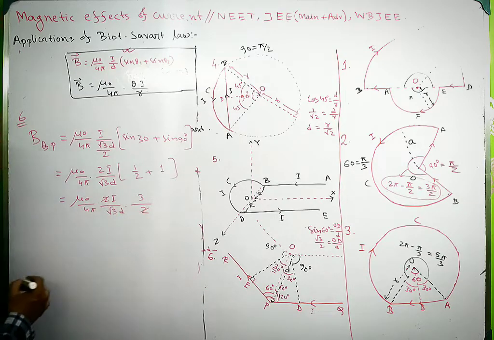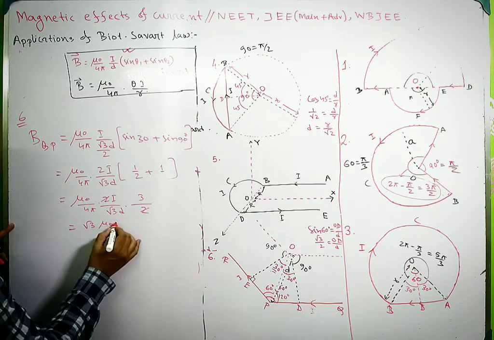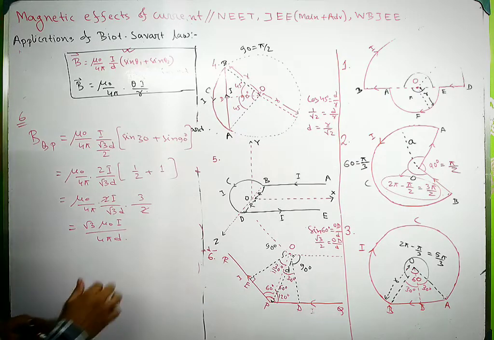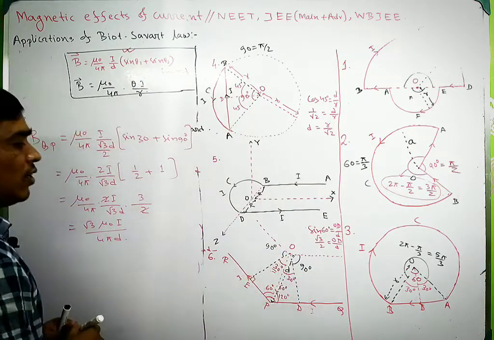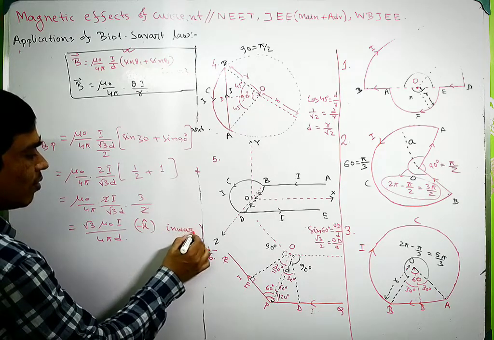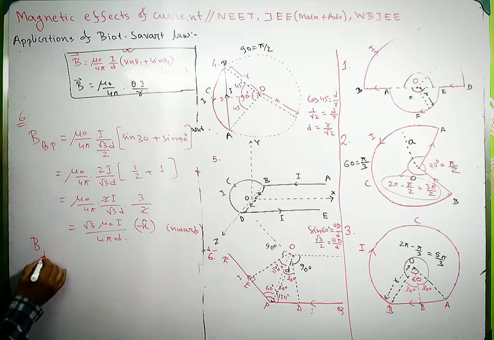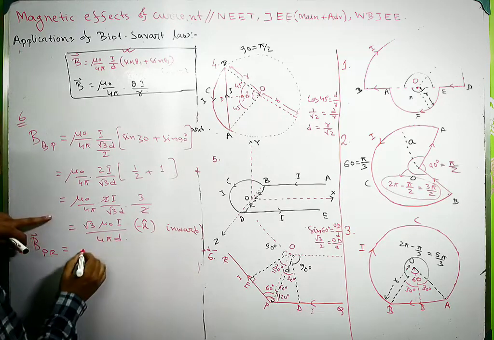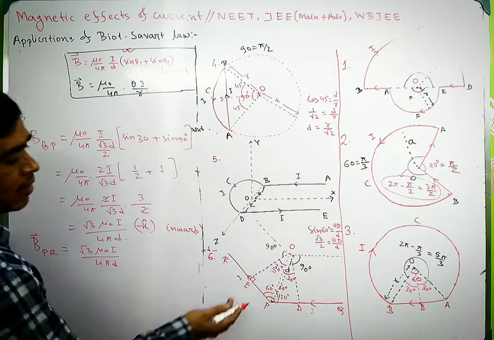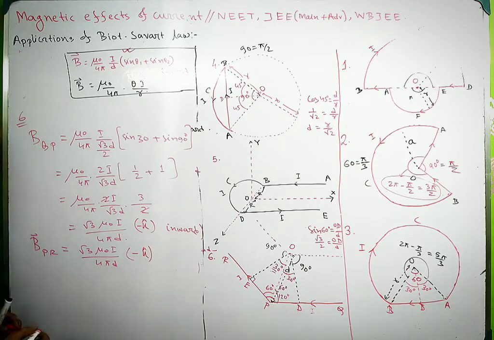So the 3 and 2 cancel out, and it can be written as root 3 mu 0 I divided by 4 pi D. The direction of the magnetic field for this portion is along the negative z axis, that is minus k cap, meaning inward. The magnetic field for the portion PR will have the same value, root 3 mu 0 I by 4 pi D, because all the angles and distances are the same, and the direction is also minus k cap.